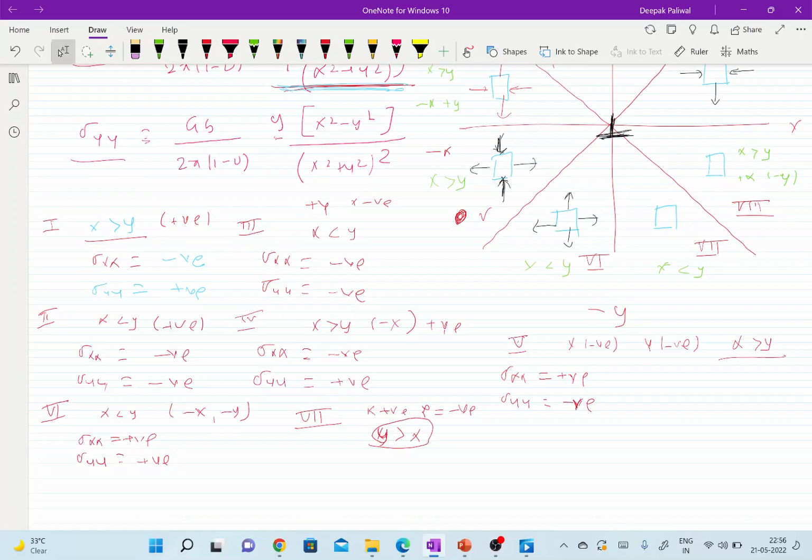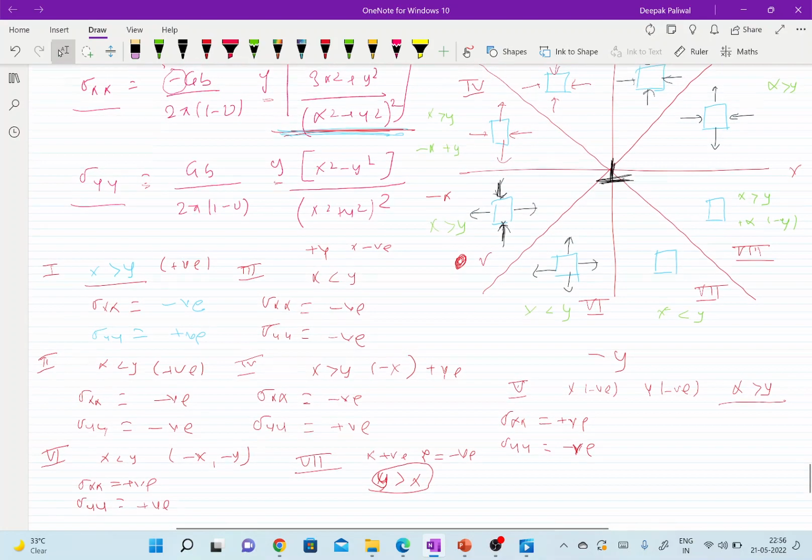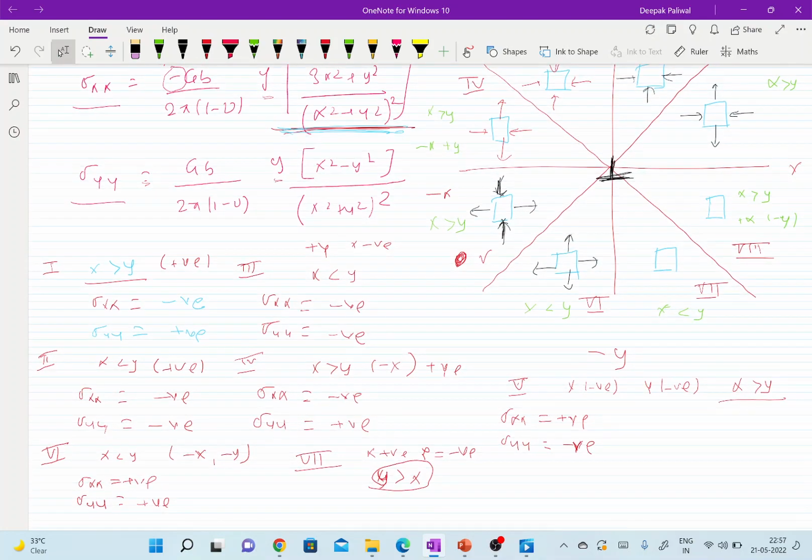So what will happen? Let me scroll it down somewhere. We are talking about sigma xx, sigma yy. In case of sigma xx, again see, x is positive, y is negative, and y is greater than x. Again, this is the complete positive term, and y is negative here, so negative negative becomes positive.